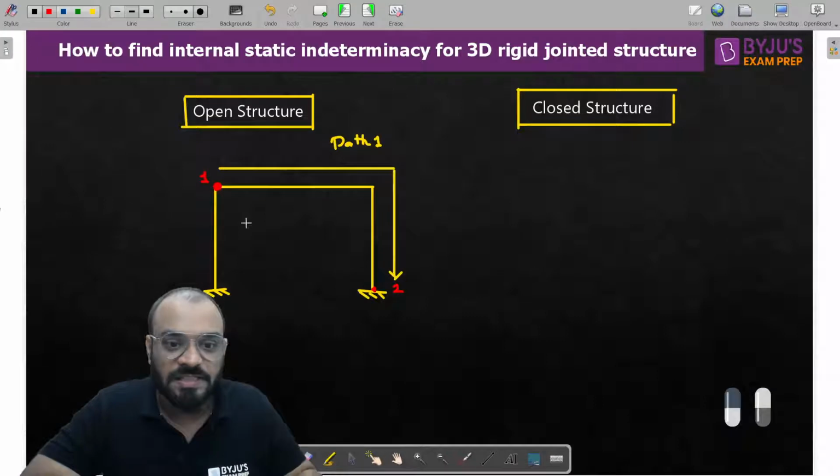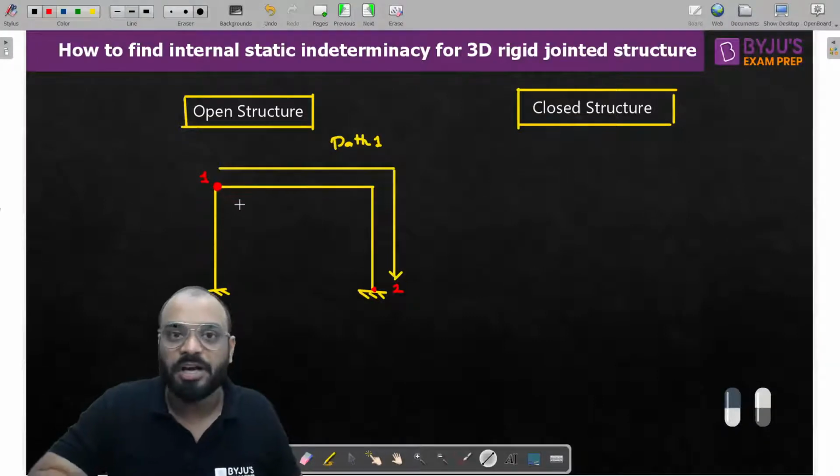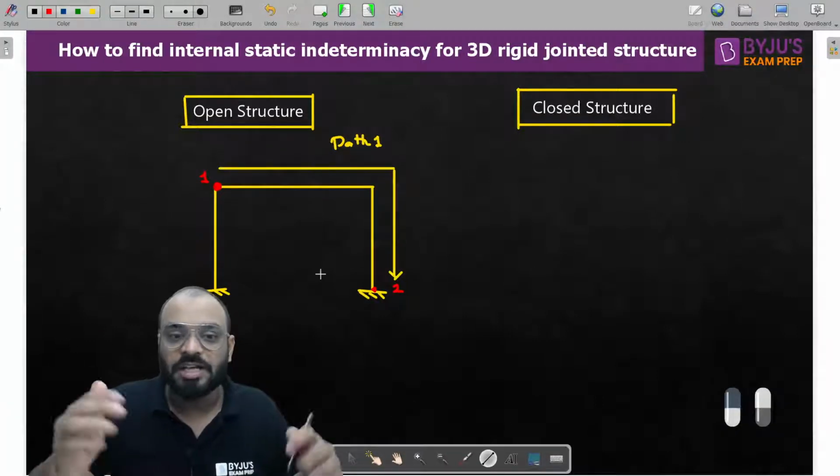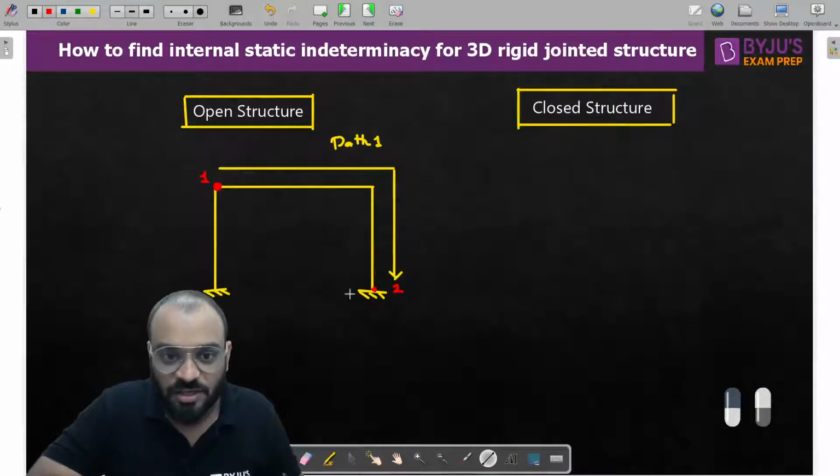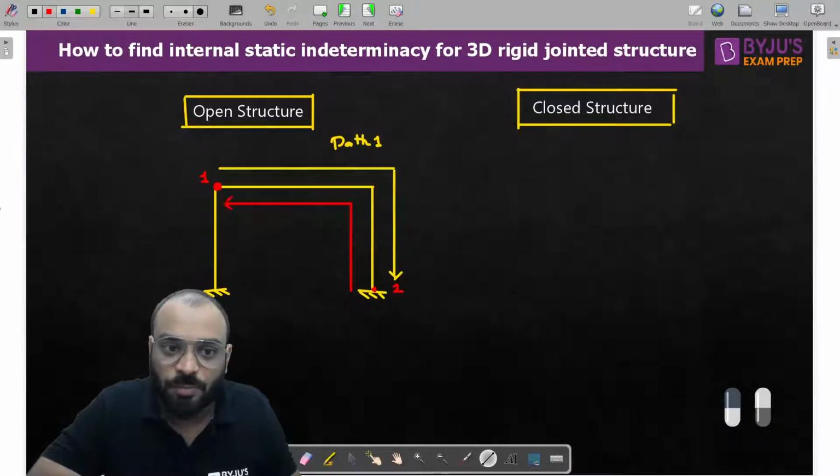Now if I want to come back to point 1 from point 2, I need to follow the same path because I don't have any other option in this case, right? So you can see guys, I need to follow the same path to reach point number 1.